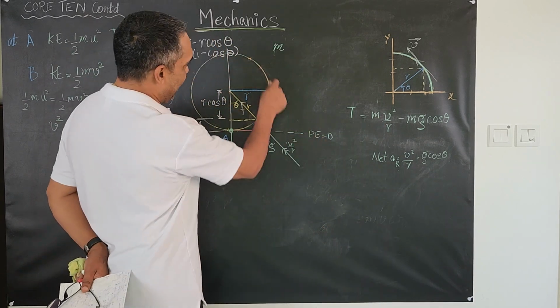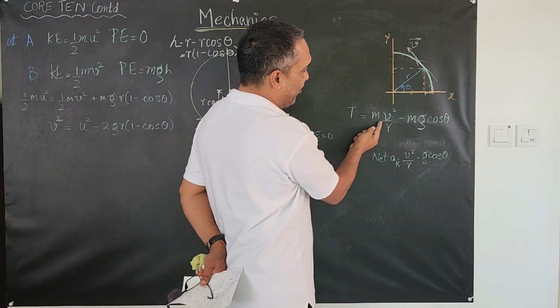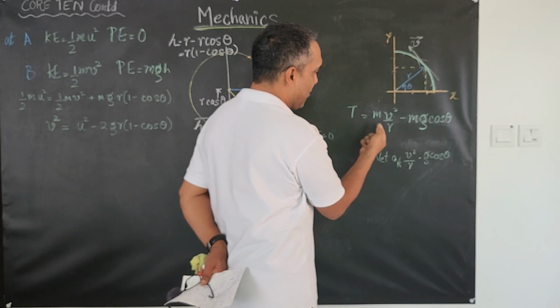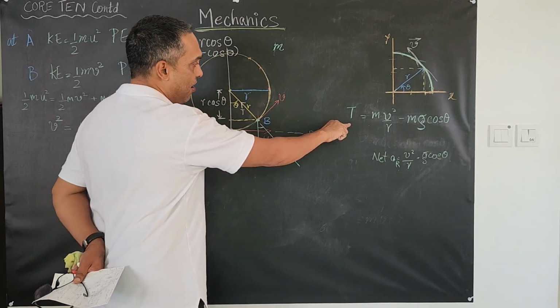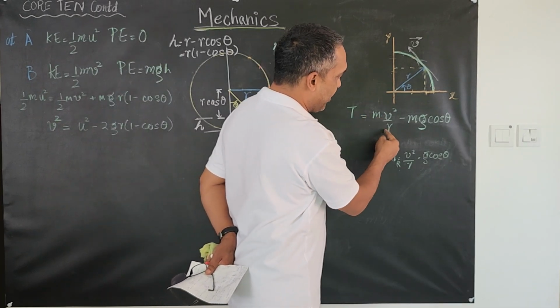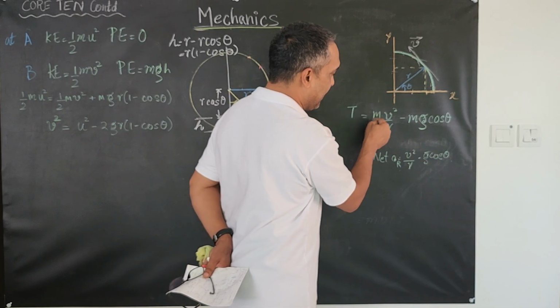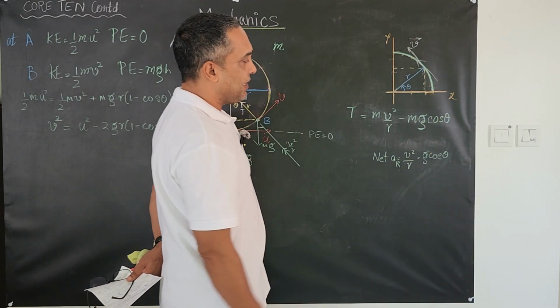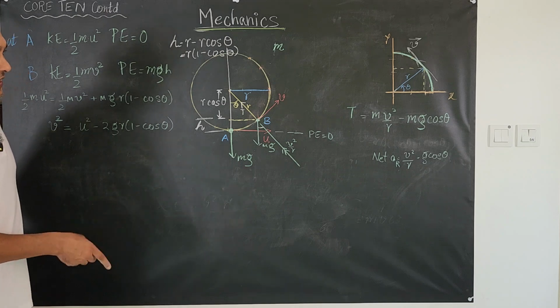But if it's this way, even if there is some velocity, you have mg cosine theta killing it. So the point at which tension is lost is the point where mv squared by r is equal to mg cosine theta. m cancels out. Velocity squared is equal to rg cosine theta. That will give you the velocity where tension is lost.